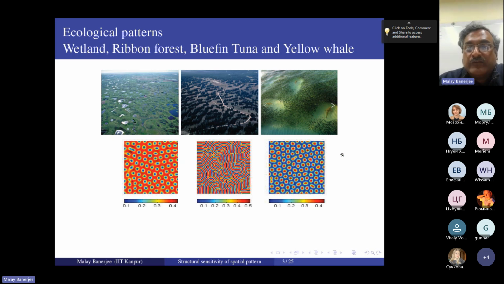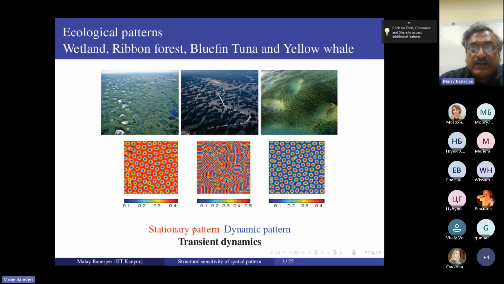But what I wanted to convey is that patterns can be broadly classified into two types: stationary patterns and dynamic patterns. A stationary pattern means that after some time it will arrive at a distribution and that distribution will remain unaltered at all future times. Dynamic patterns are the patterns which keep on changing with respect to time. So this is one classical example.